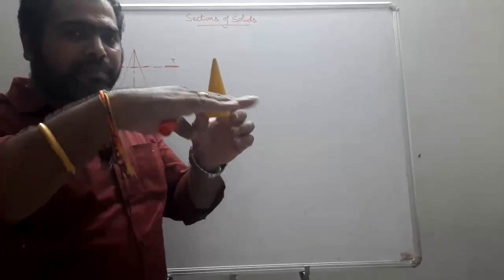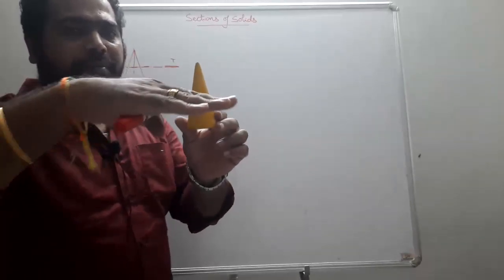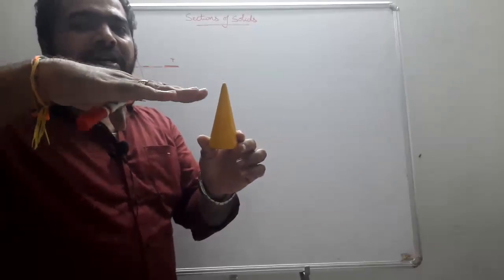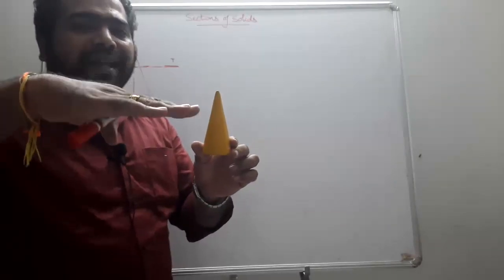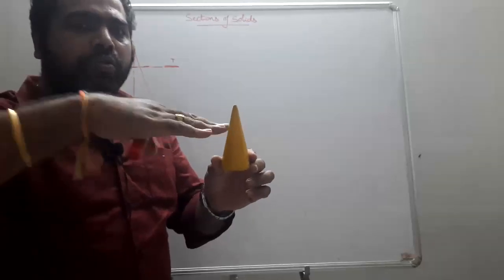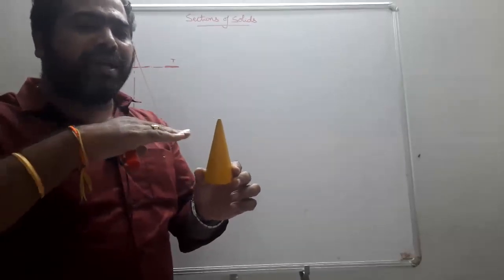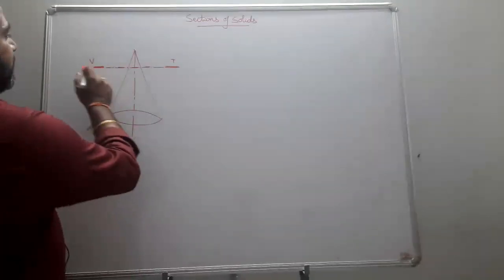This cutting plane is perpendicular to the axis and is supposed to cut the solid in this pattern. It should be a plane perpendicular to the axis, and it cuts throughout the solid. That means the complete solid is cut throughout, like this.